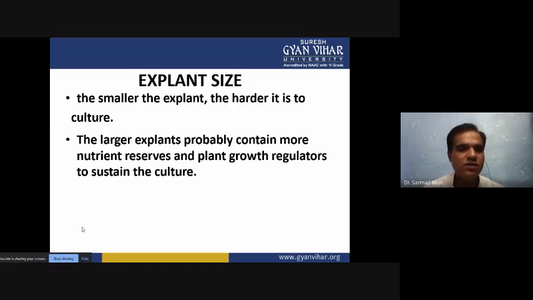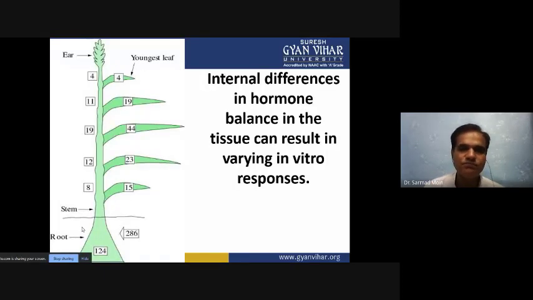So always we have to choose an explant that is not very small and not very big, and a specific explant size is required for micropropagation. This explant size also varies from plant to plant and species to species. So first we have to standardize the explant size, and only then will we start the micropropagation.